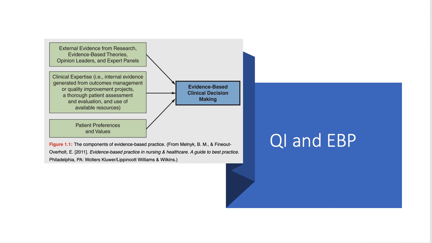So what about QI and evidence-based practice? Well, external evidence from research, evidence-based theories, opinion leaders and expert panels, clinical expertise, and patient preferences and values all come together to generate evidence-based clinical decision-making.